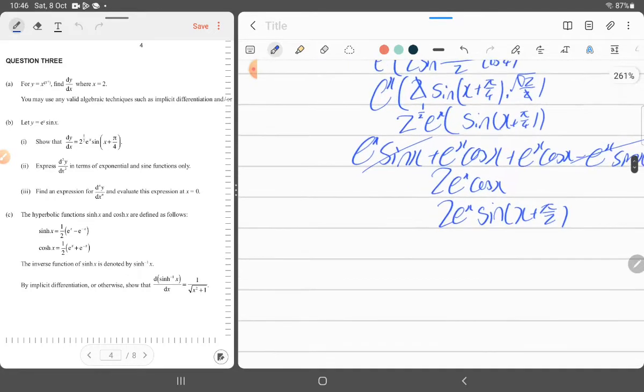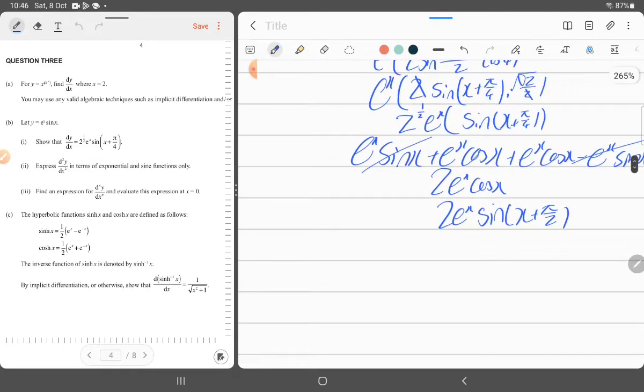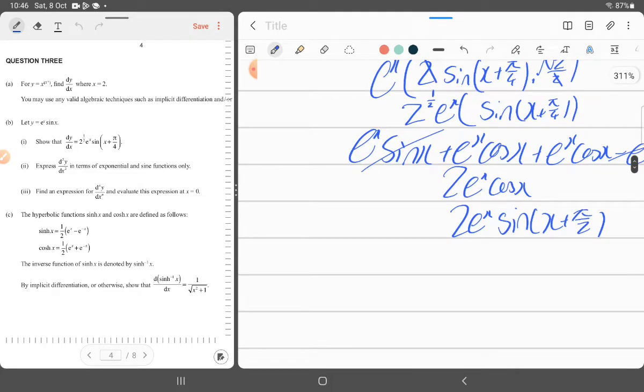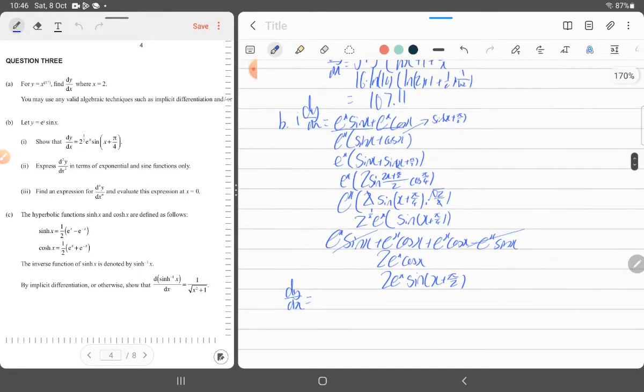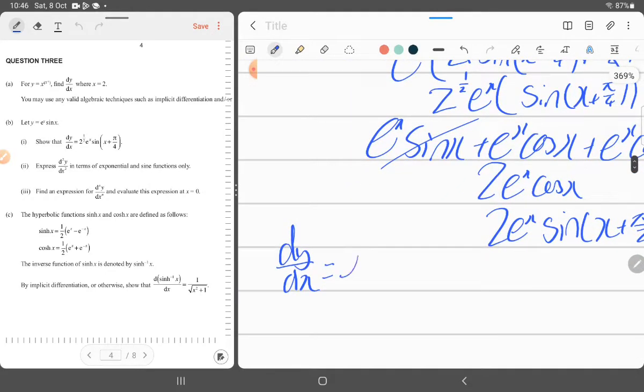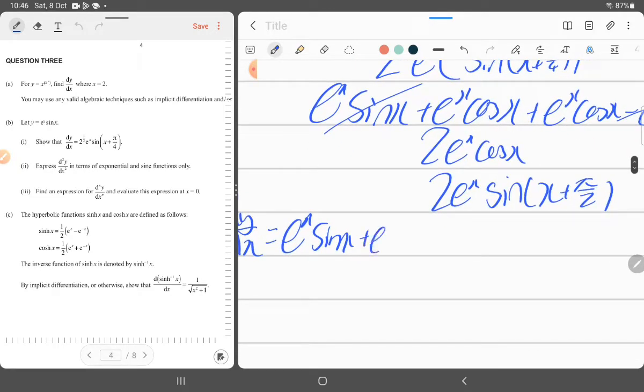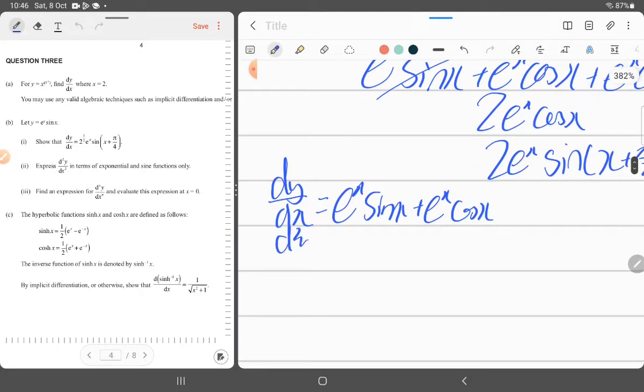So dy over dx is equal to e to the x sine x plus e to the x cosine x. D squared y over dx squared is equal to 2 e to the power of x cosine x.